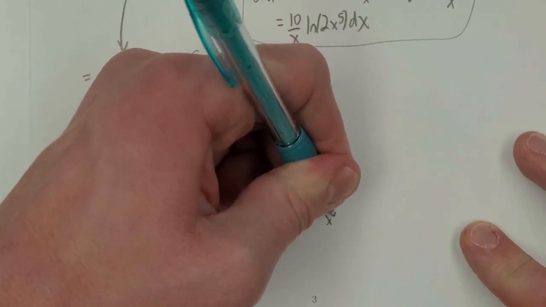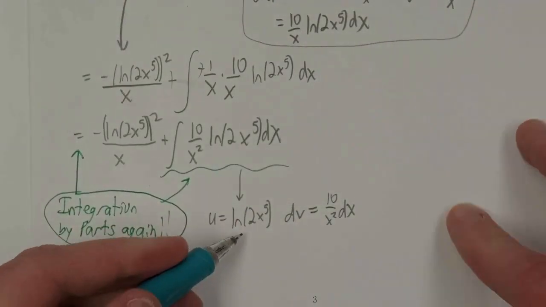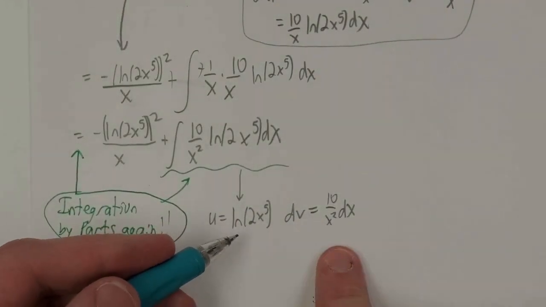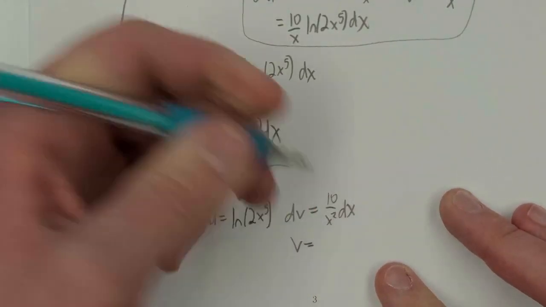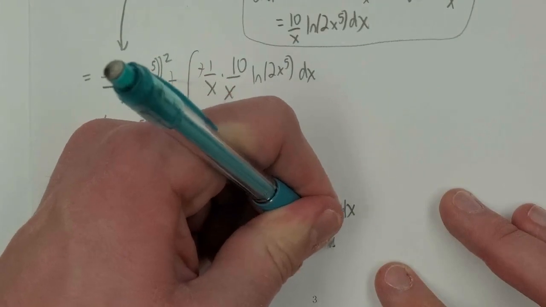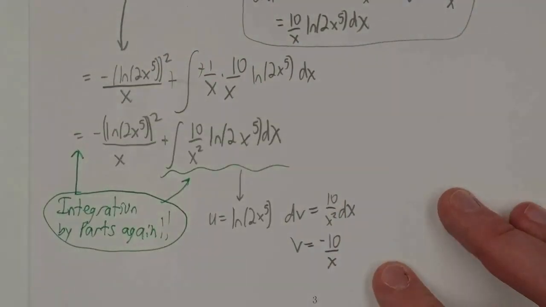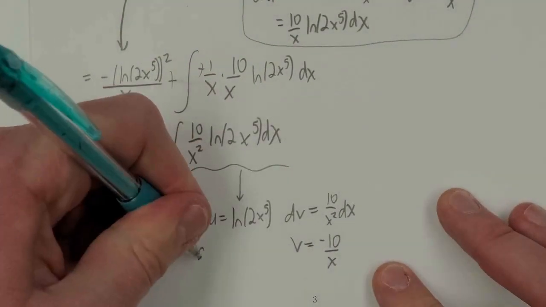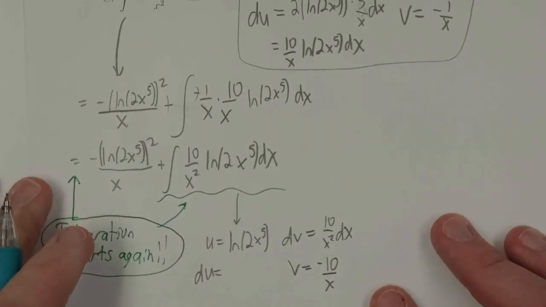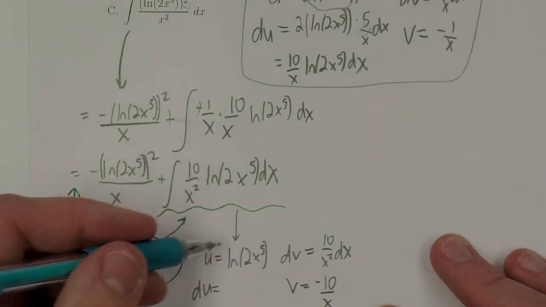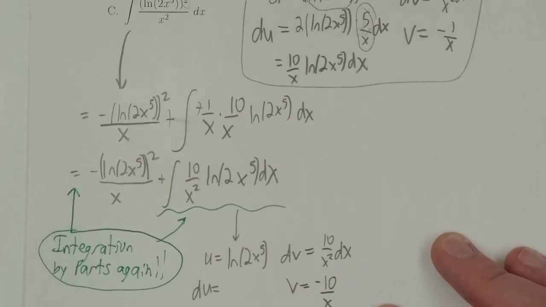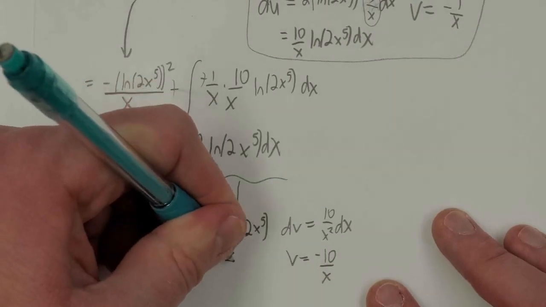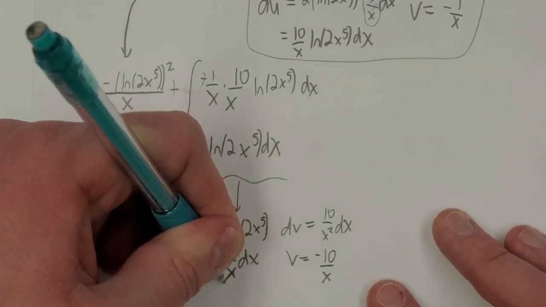Yep. So u becomes the natural log of whatever we have, and then dv becomes everything else, right? So v, you can see pretty quickly, is just negative 10 over x, nothing too crazy there. And then du, as we already saw above, the derivative of natural log of 2x to the 5th is just 5 over x, isn't it? So we just have 5 over x dx.